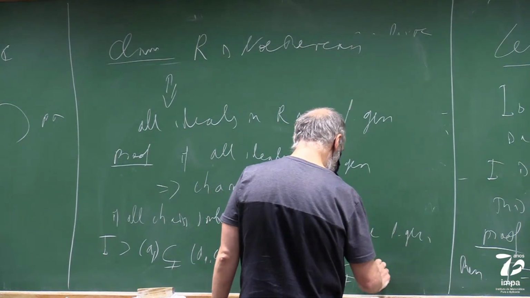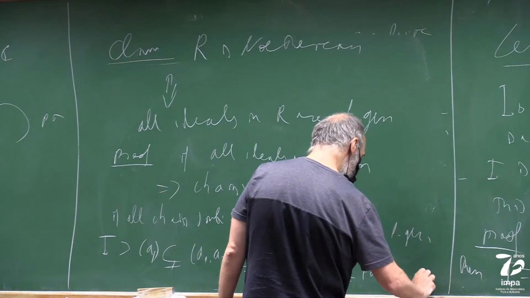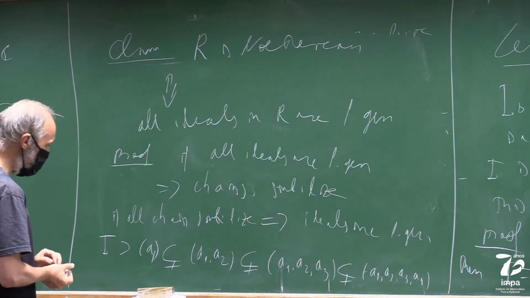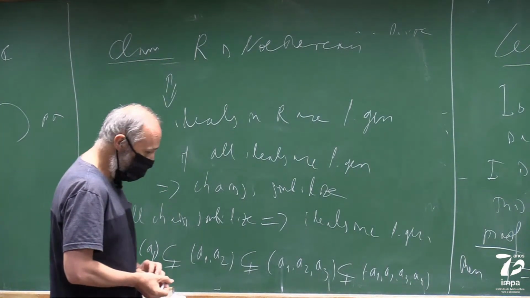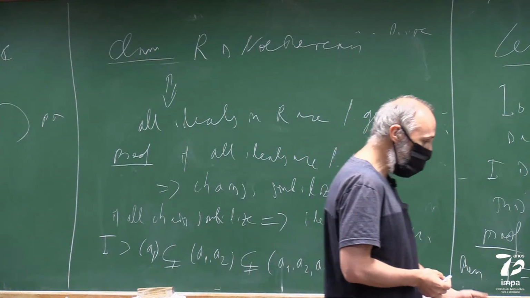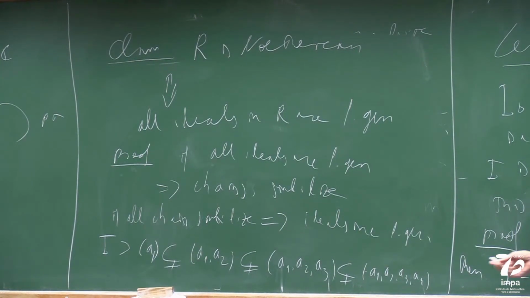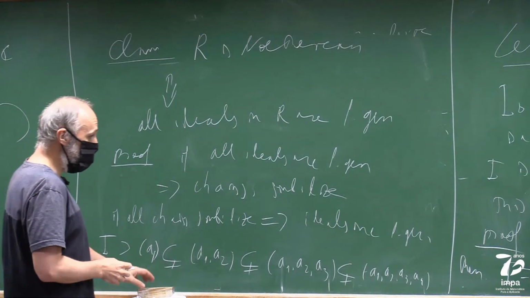And you can go on and on. Unless this chain stabilizes. If it stabilizes, this means that you found a set of generators for I. If it doesn't, then you have a non-stabilizing chain, which is impossible by that assumption. So if all chains stabilize, the ideals are finitely generated.